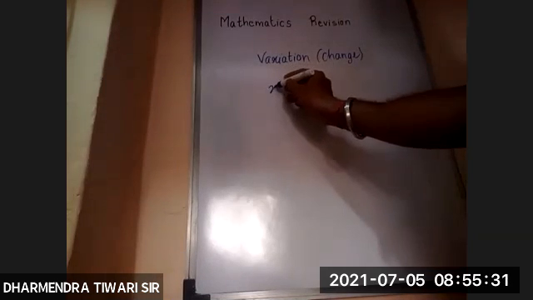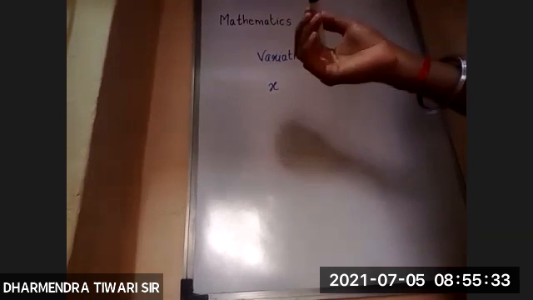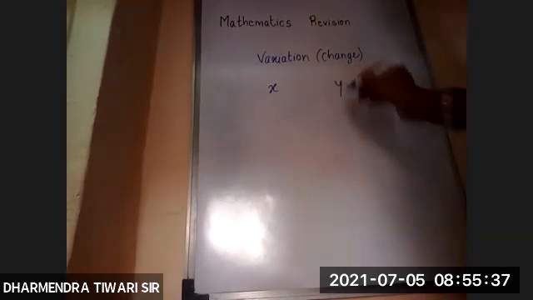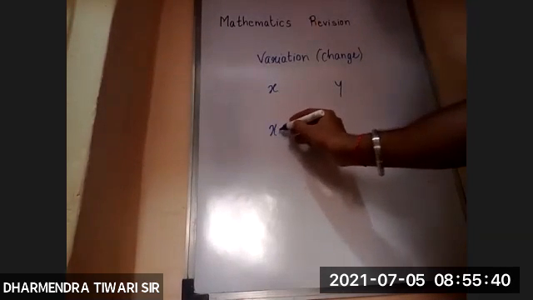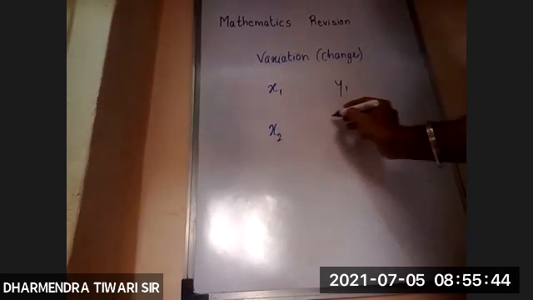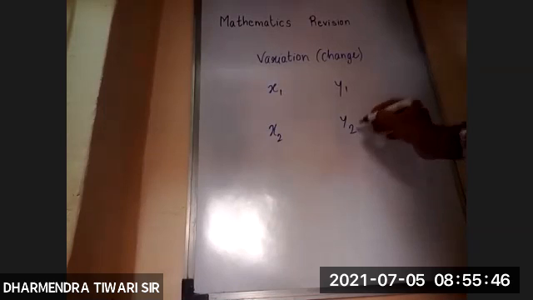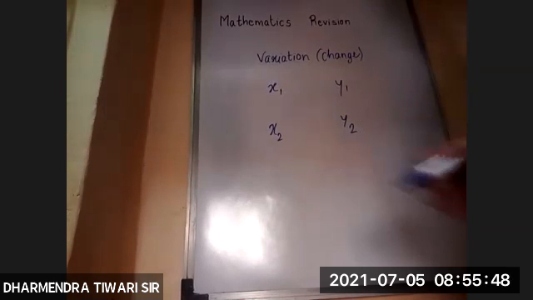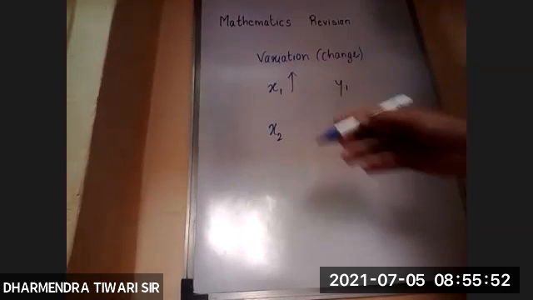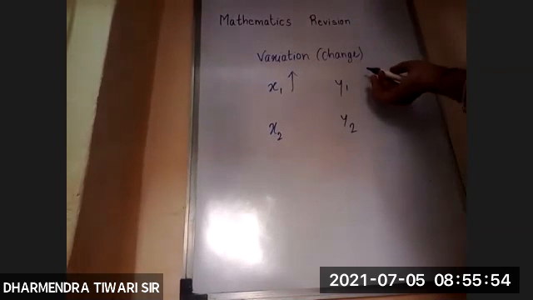It always occurs between two variables, x and y. So this is my x1, y1. This is x2, y2. The first variation is of the type where x increases, y also increases.